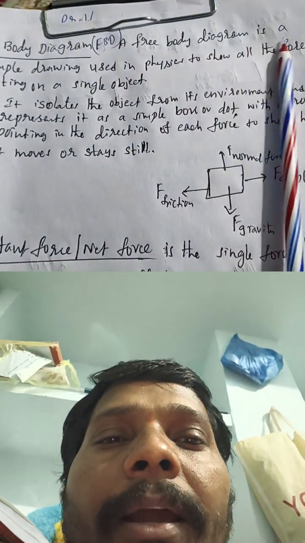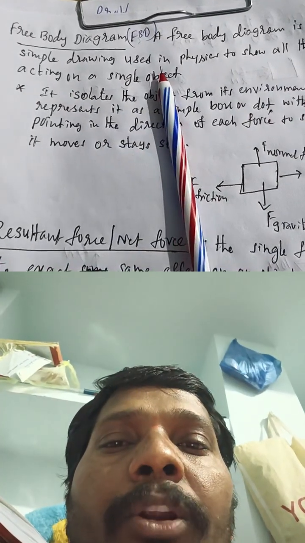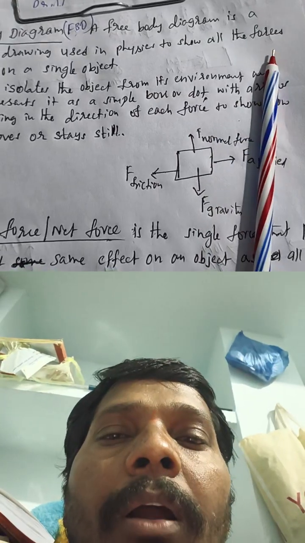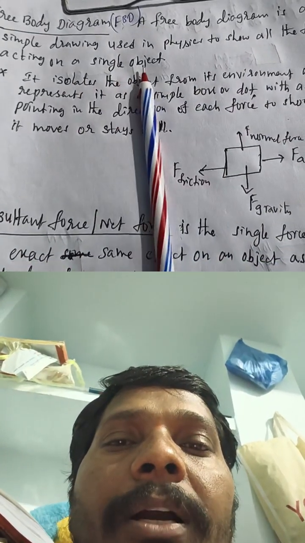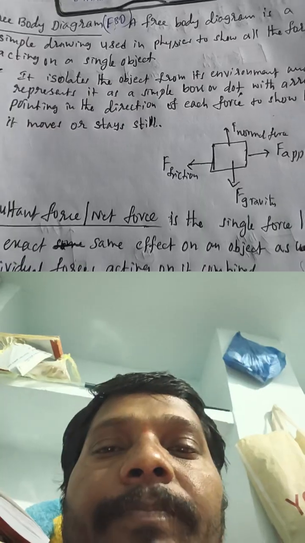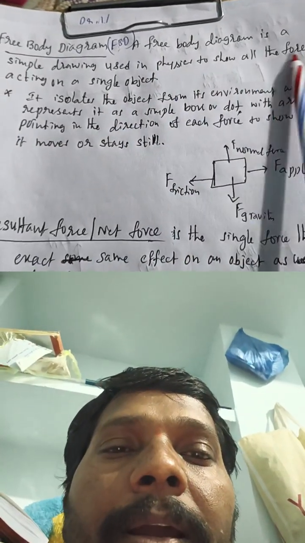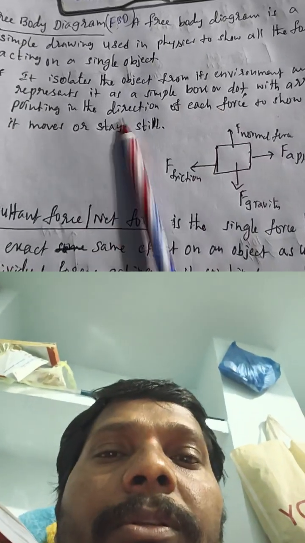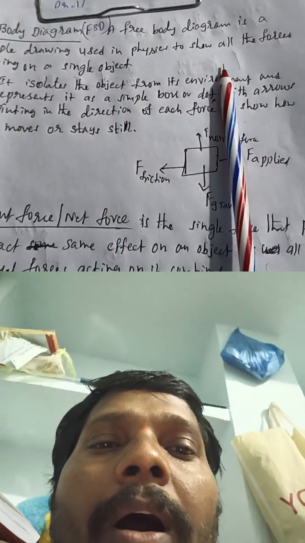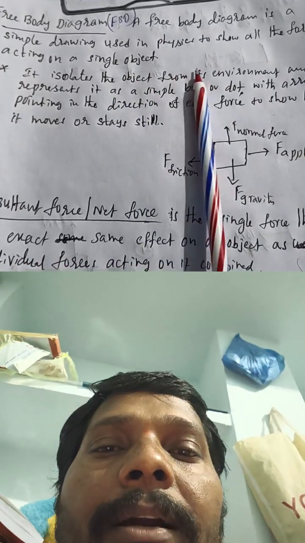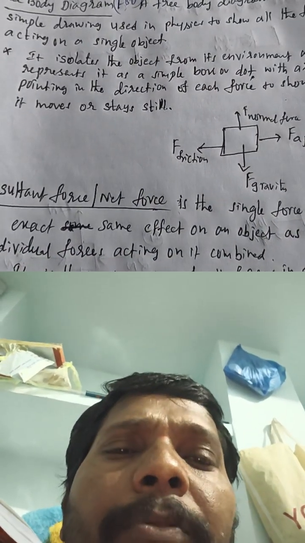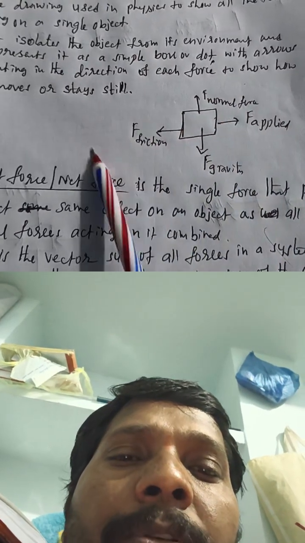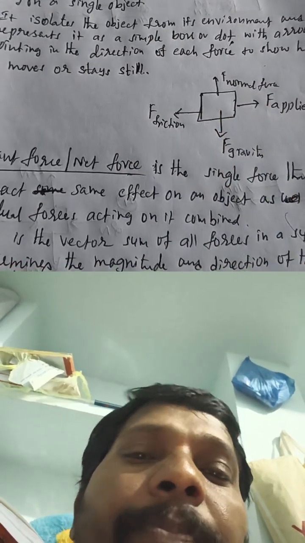A free body diagram is a simple drawing used in physics to show all the forces acting on a single object. Simply we can say that the diagram which shows how many forces are acting on the body is called a free body diagram.